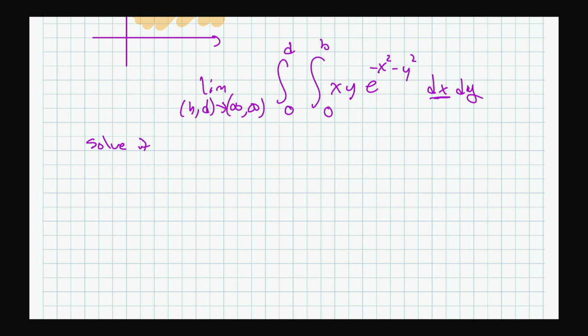The way you would solve this is when we do our x integral, we're going to do a u substitution, right? Let u equal negative x squared minus y squared. And then your du, taking the derivative with respect to x, the derivative of negative x squared minus y squared is negative 2x dx. So x dx is negative du over 2.